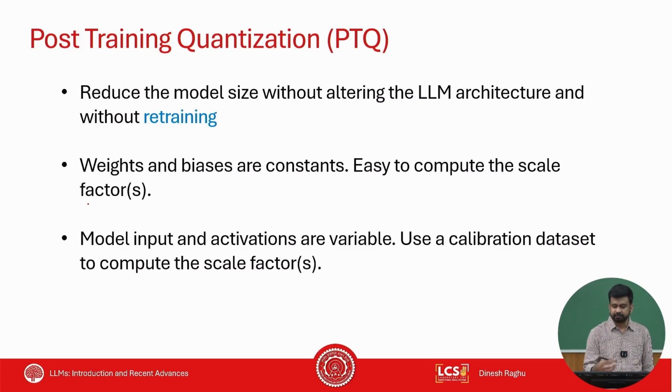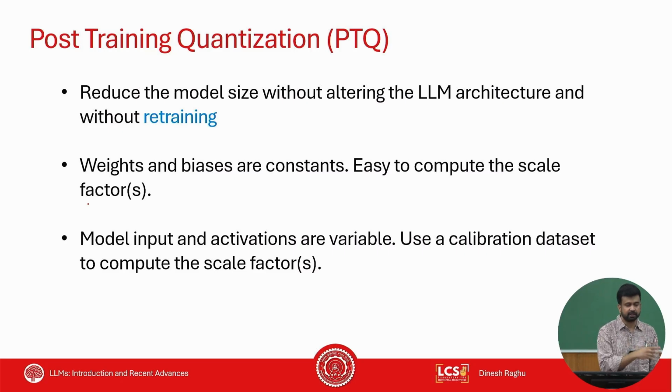So what people typically do, similar to how we do for validation, is take a very small calibration data set and pass it through your network. If you just have the data set, you will only know the inputs, but if you pass them through the network, you will understand how the activation values change with respect to the weights, right?